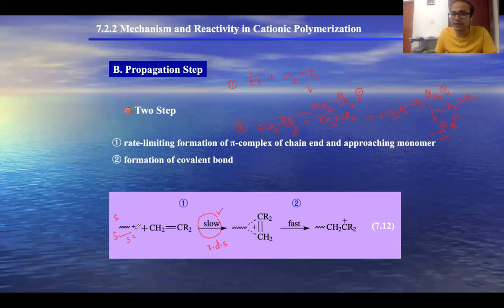If your solvent dielectric constant is high, that means it's a good solvent, then it will stabilize this propagating carbocation, thereby slowing the rate of the propagation step even more, because in this pi complex the positive charge is dispersed. So this is not having that much ionic character to be solvated.